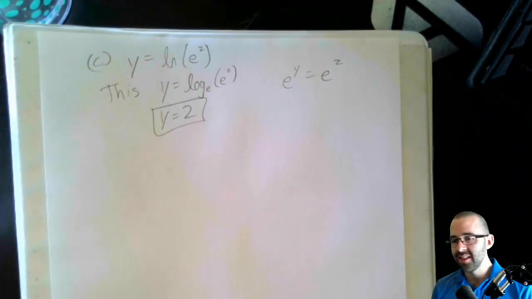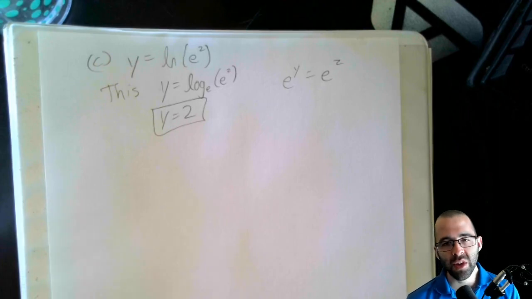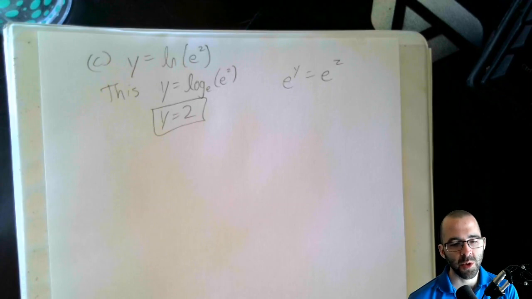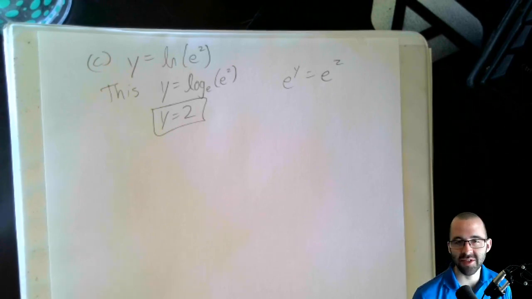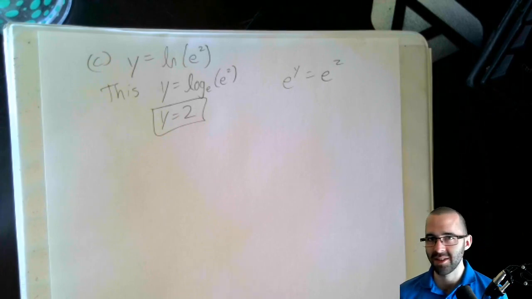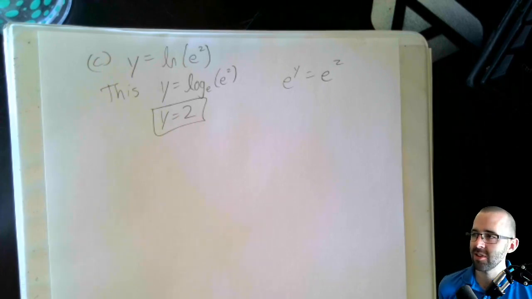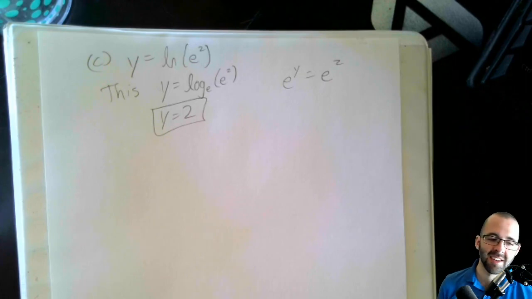By the way, you are now able to do half of 6.6. This is 6.3 right here. You can already do half of 6.6. We're kind of doing 6.6 early, solving exponential and logarithmic equations.